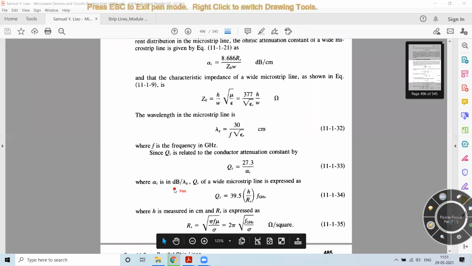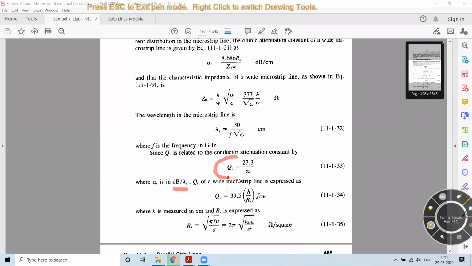This should be dB per centimeter. If I'm making use of this equation, it will be dB per centimeter. But if you're representing the same equation in terms of dB per lambda, you have to make some adjustments and substitute the parameters.